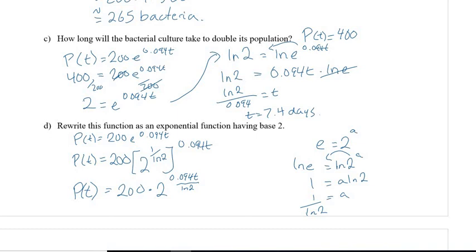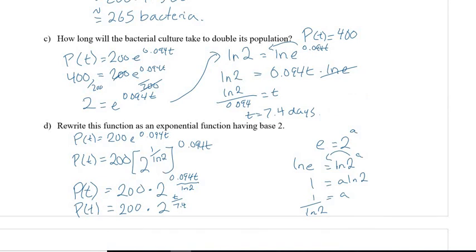Or if we really wanted, we could simplify that. We can calculate out the 0.094t over natural log of 2. And as it turns out, when you do that, it becomes t over 7.4, which kind of makes sense given that we just found that the doubling period is 7.4 days.